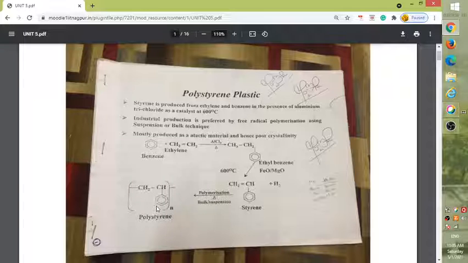So always remember that while writing the monomer there should be a double bond, and when writing the polymer it should be a single bond, but it should be extended chains at the end here, and this should extend here also, and n signifies that this is a polystyrene molecule, or this structure is also correct, and this means that the chain extended from this side only.